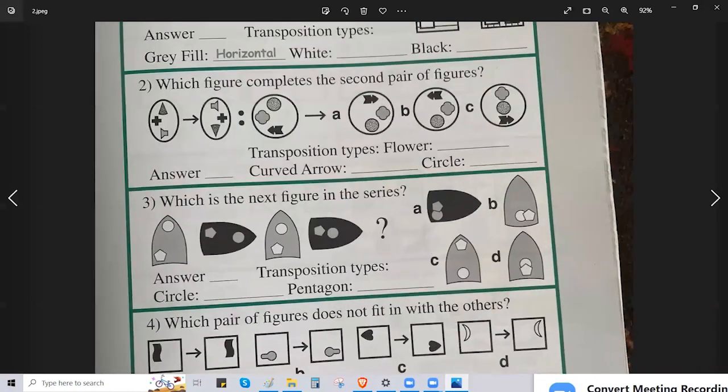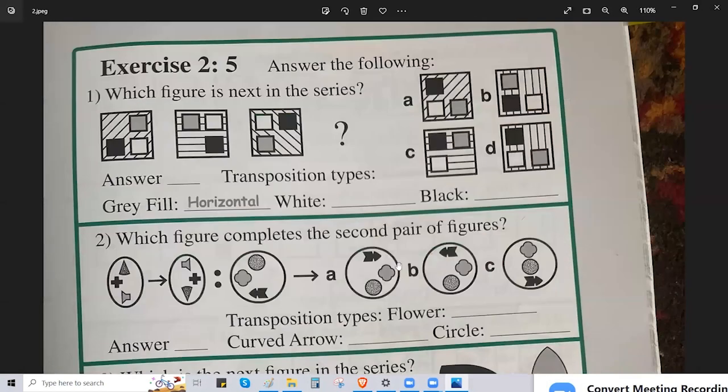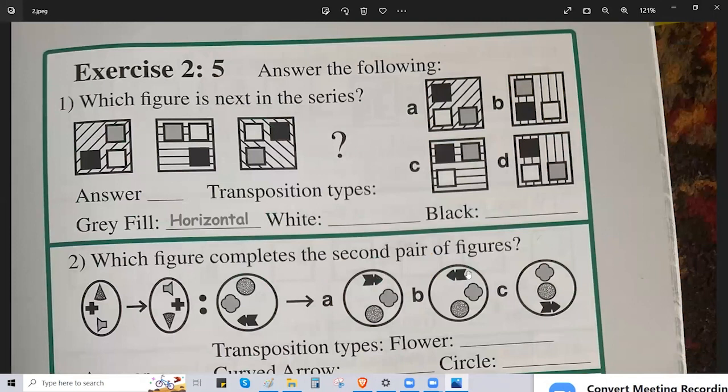Okay. So let's try transposition questions. So first one has been done, partially done. Please read this for me. It says one, which figure is next in the series? So the figure that's next in the series is getting transposed horizontally. So there'll be a white square here. So we can eliminate B. There would be a gray square here.